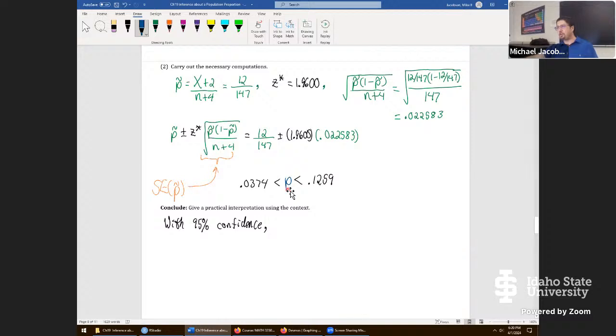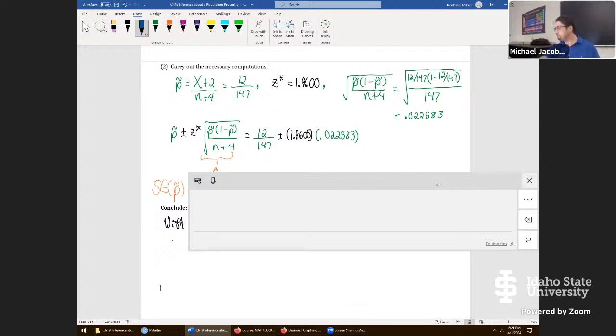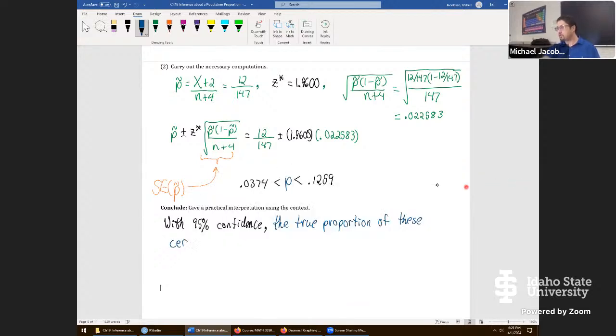We go over here and you can call it the true percentage or the true proportion, always up to you. To emphasize that, I'll keep this one as true proportion. The true proportion of these ceramic hips, you could say that developed squeaking, or you could be a little bit more terse and just say that squeak.